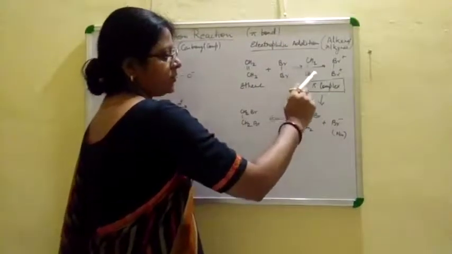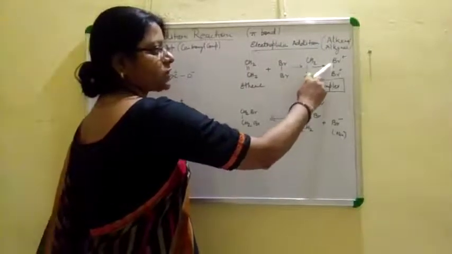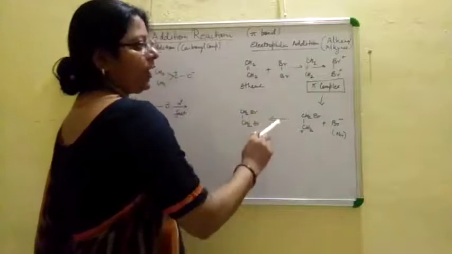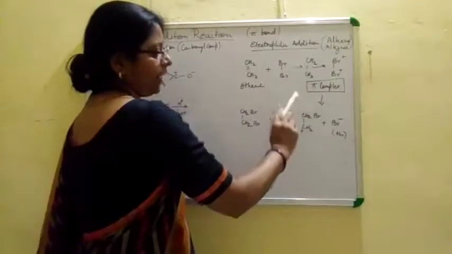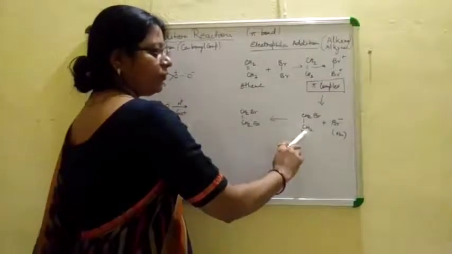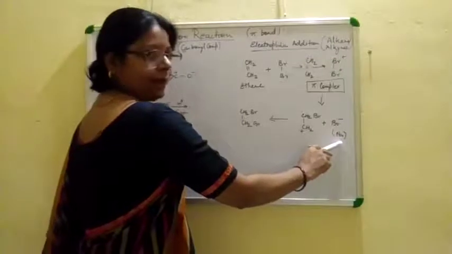Pi complex: this pi bond forms the complex with the bromine molecule, and it will break down the bromine molecule and form the carbocation and the nucleophile Br minus.